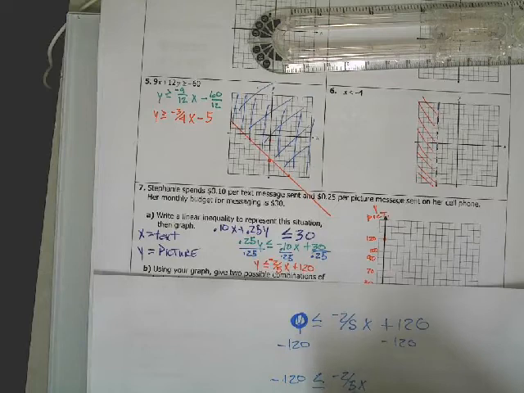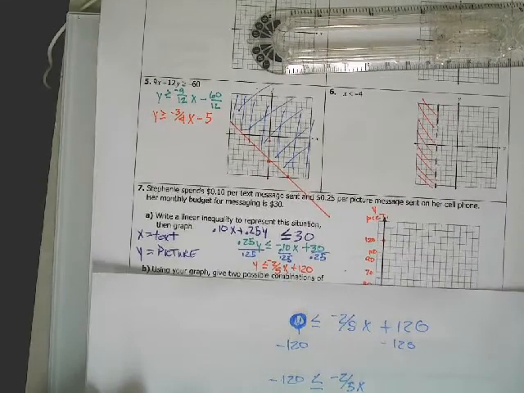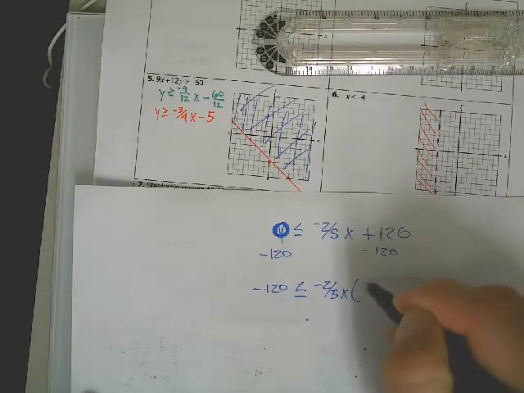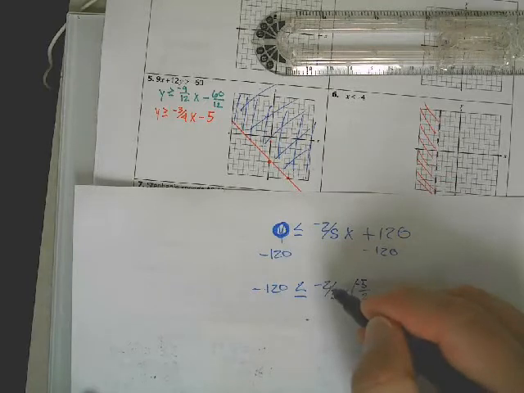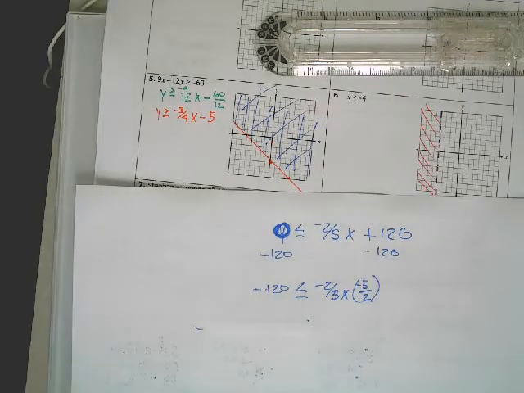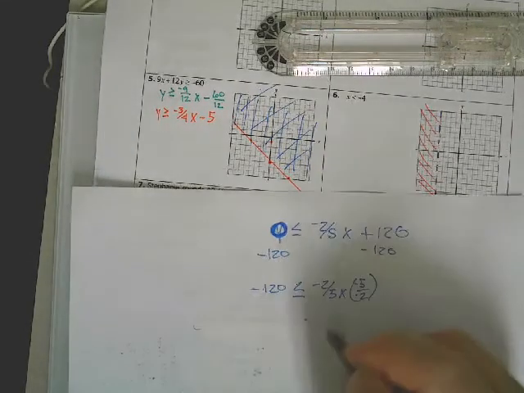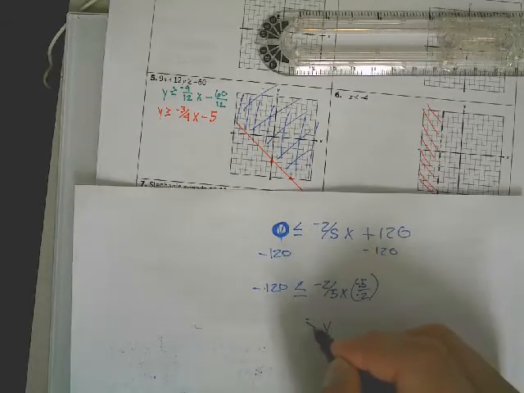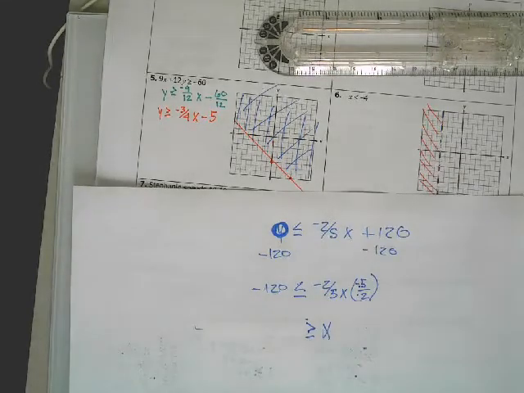To get rid of the negative 2/5, to make it 1, or cancel it out, I'm going to multiply by the multiplicative inverse, negative 5 over 2. You can multiply both sides by 5, then divide by negative 2, but I prefer to do it in one step. That gives me just x on this side. I'm multiplying by a negative number, so the inequality has to flip.